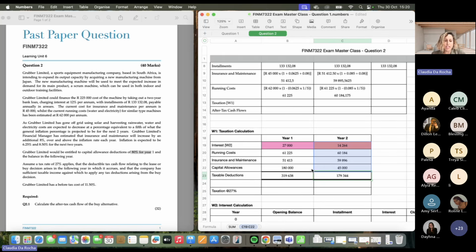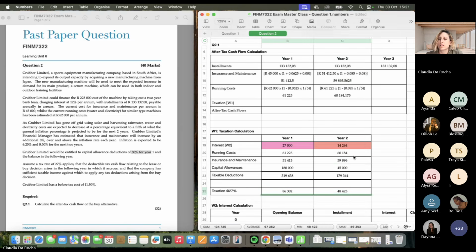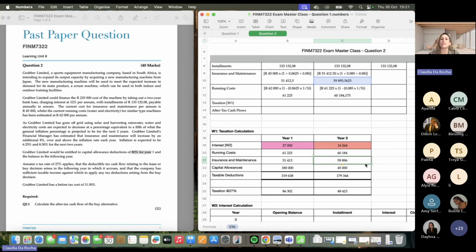Okay, and then our taxation at 27%. I'm going to say this value times 27%. And now I have my taxation amount, which I can grab from here.